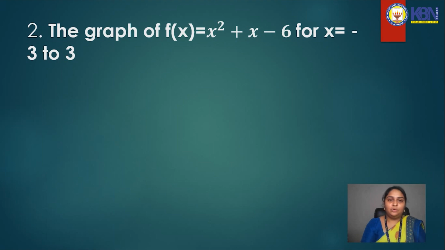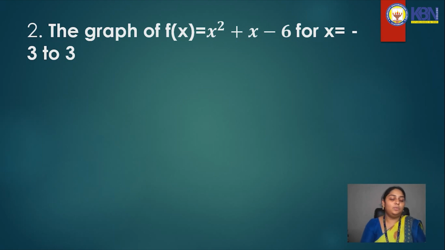In this way, we have to solve the next problem. Here it is clearly given f of x is equal to x square plus x minus 6. Here the x values are the same. In the first question, we elaborated that x is equal to minus 3, minus 2, minus 1, 0, 1, 2, 3. In this problem, it is directly given that x is equal to minus 3 to 3. This is also the same process, but it was given in a short form.